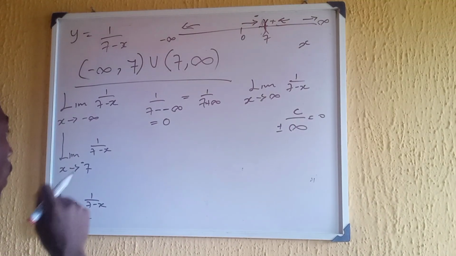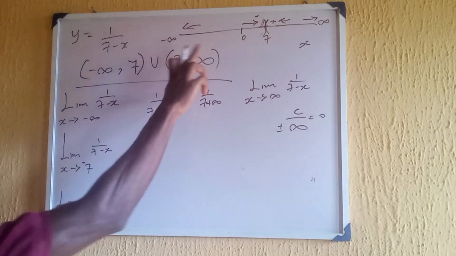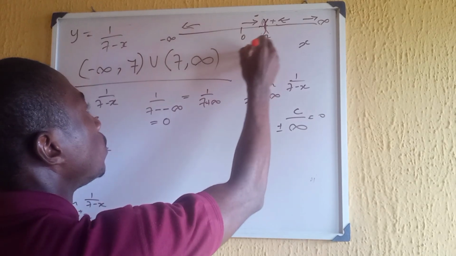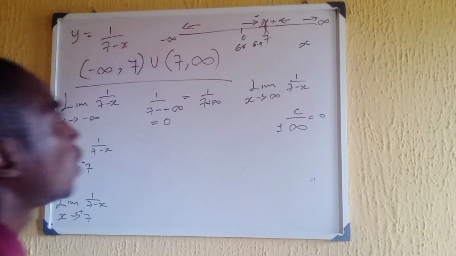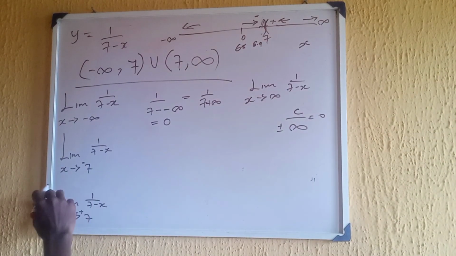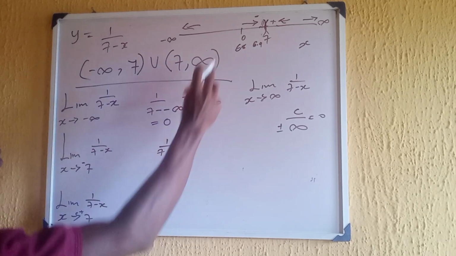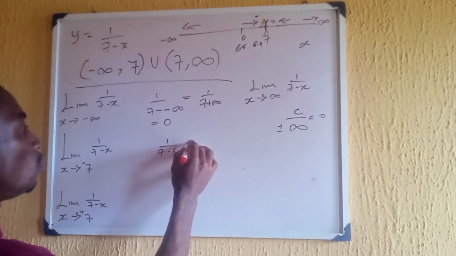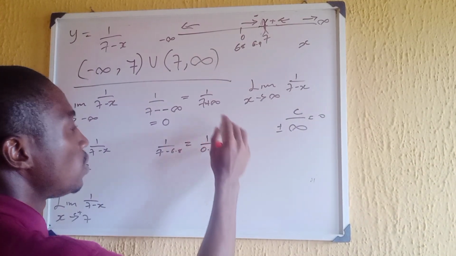Now, the next guy, as we move towards 7 from this side, so we have a number like 6.9. We have another number like 6.8. Then let's fix those values and see what happens. Now, if we say 1 over 7 minus 6.8, because you get to 6.8 before getting to 6.9, you'll be having 1 over 0.2.